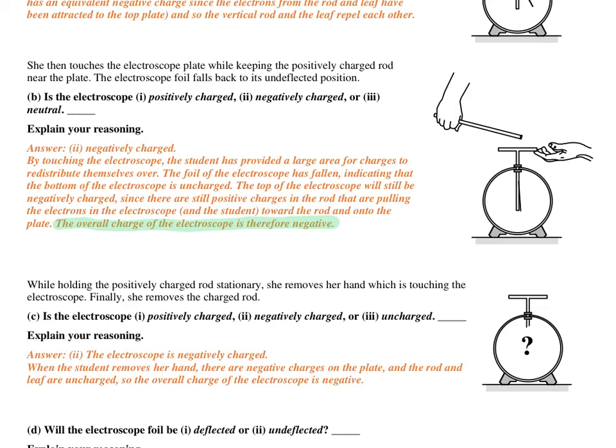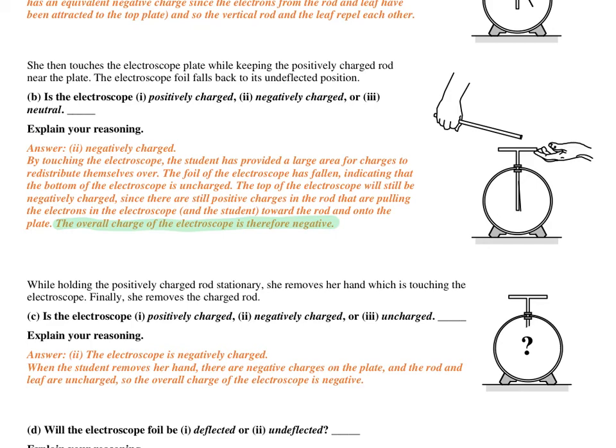So part D asks, so part C says, so then she removes the rod. Okay, so think of it: positive rod brought near, electron deficiency inside, leaves separate from rod. Finger touches plate, leaf falls because the electron deficiency was cured.